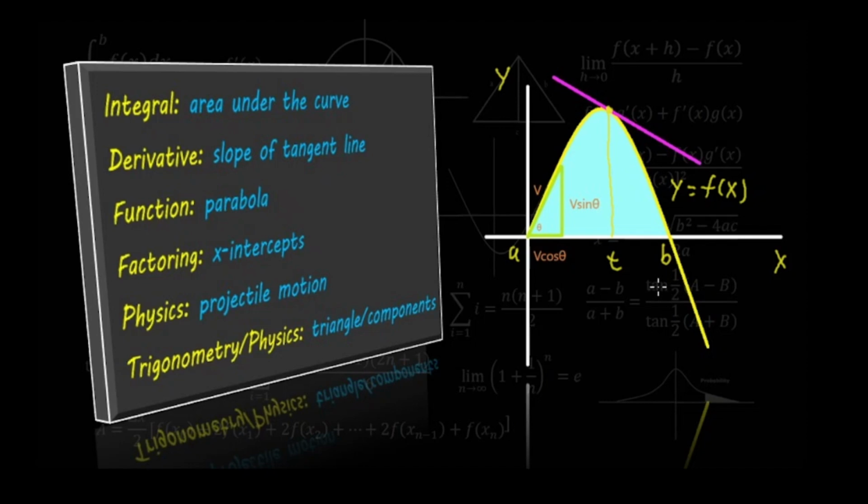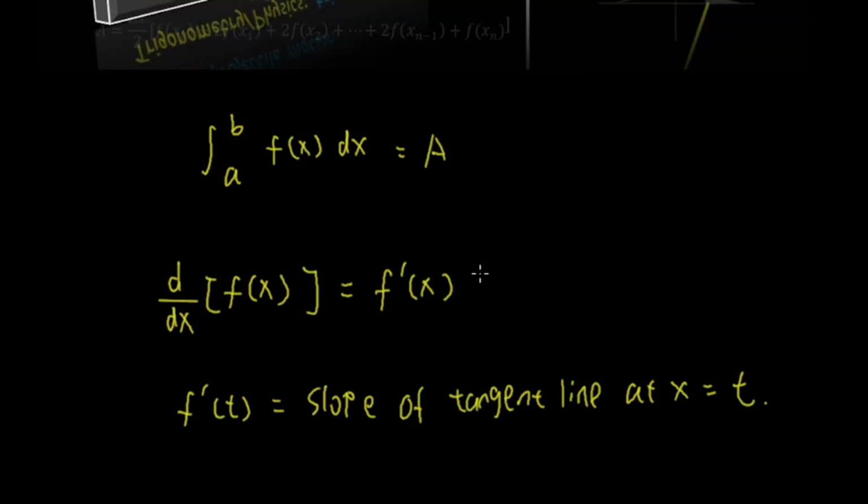Okay, now next, trigonometry or physics. Here, let's say you toss an object at an initial velocity v at an angle theta. So you have to break it down into components.